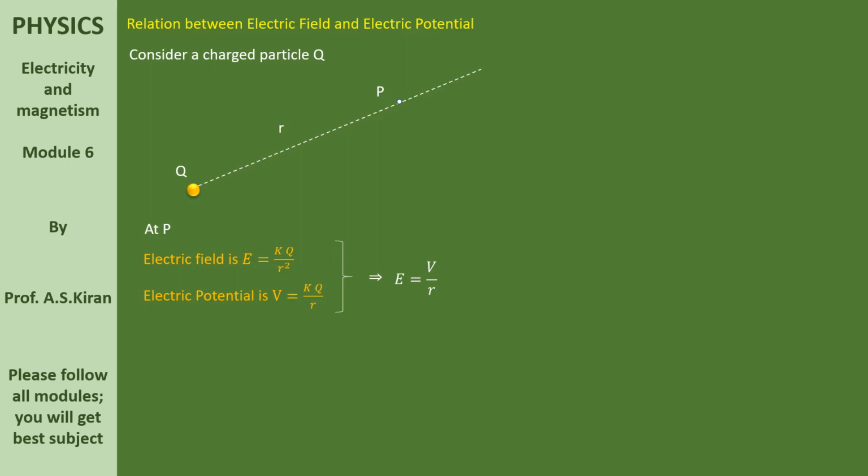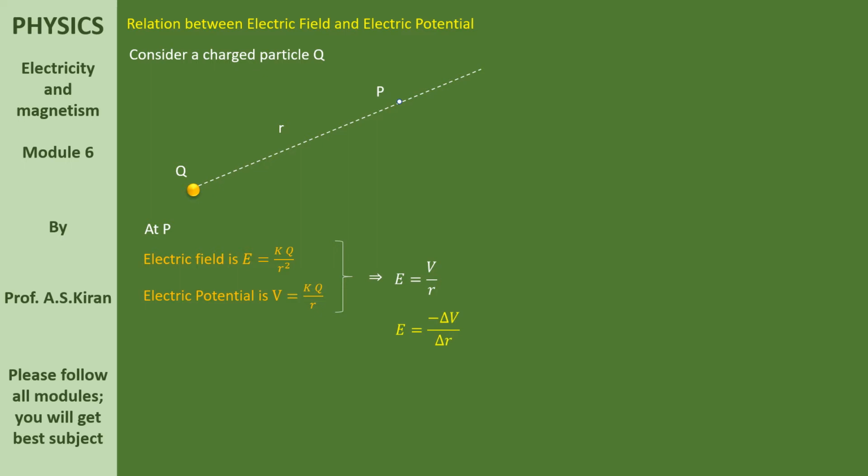Whatever be the micro size of that location, there will be boundaries on both the sides. So in between those boundaries, there will be change in potential, change in R, change in displacement.